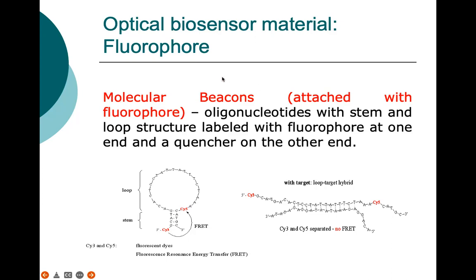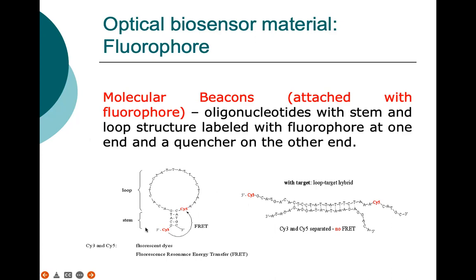This is called a molecular beacon, and it is attached with a fluorophore. A fluorophore means a chemical reagent that is active in fluorescence. So you can see the mechanism of molecular beacons. And I hope by now that you are familiar with this ATCG. How do we specify this molecular beacon?